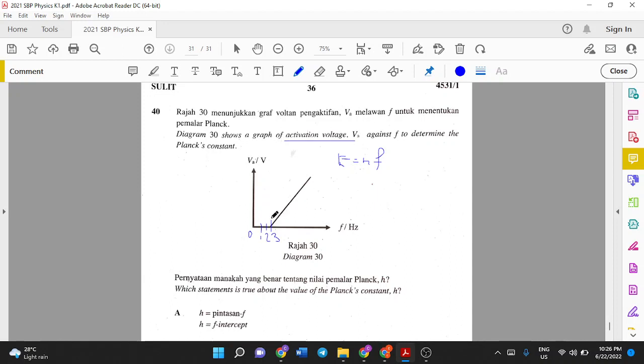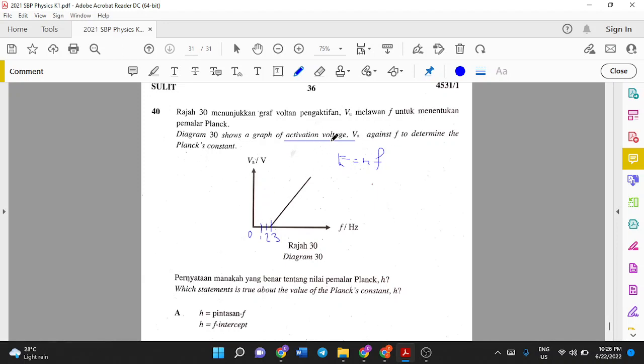When you supply 3 volts, then your LED bulb will light up. So activation voltage is the minimum voltage you need to supply to your circuit for your bulb, or other electrical appliance, to light up.